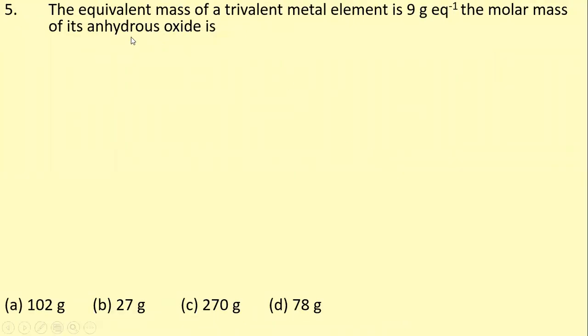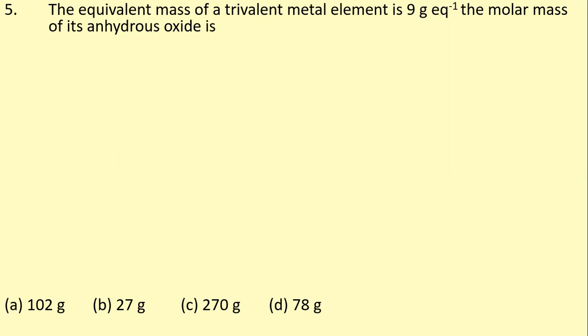Fifth problem. Here the question given is: the equivalent mass of a trivalent metal element is 9 gram per equivalent. The question they ask is the molar mass of its oxide. So here in the question they gave trivalent.